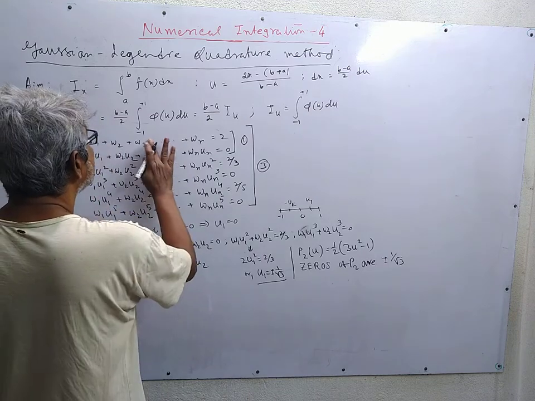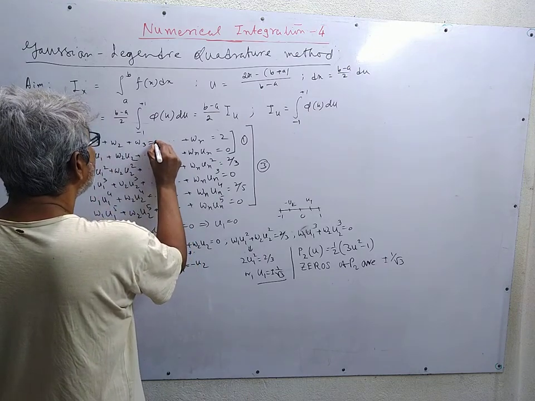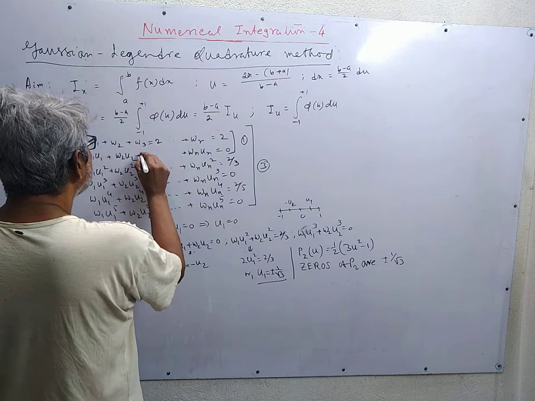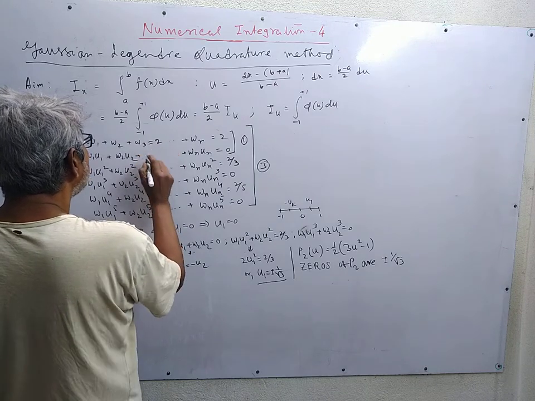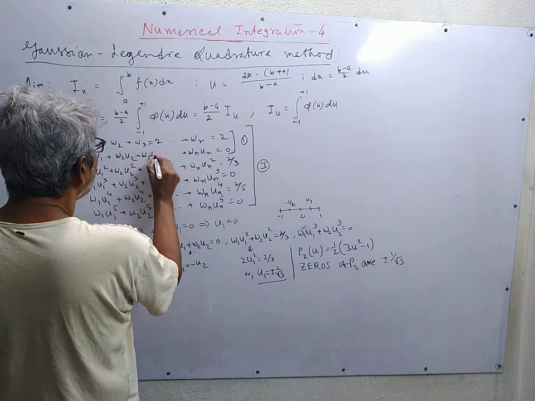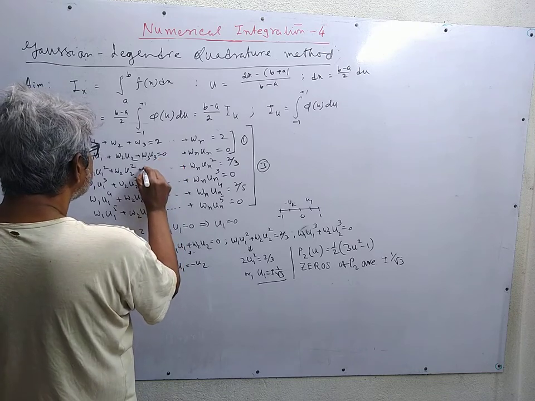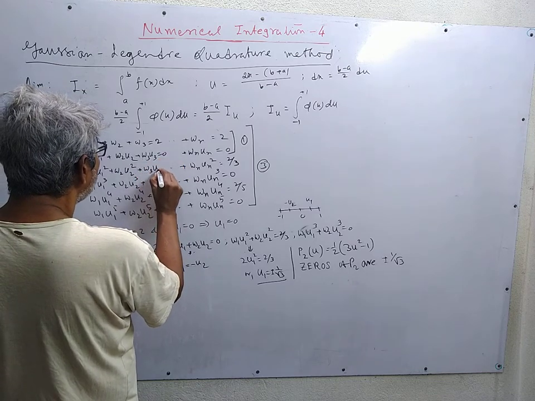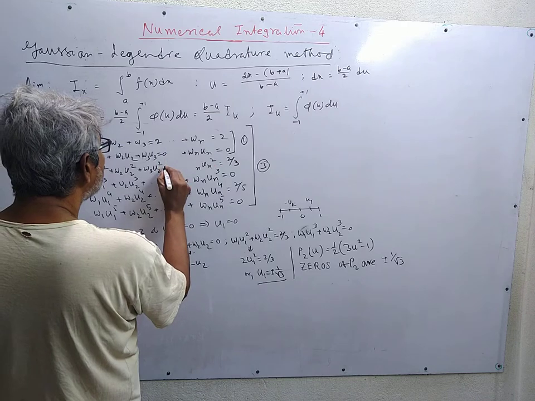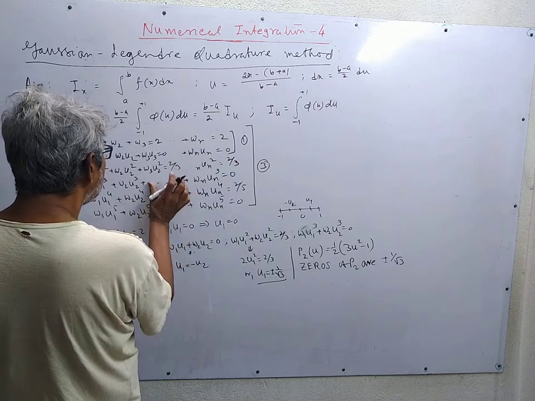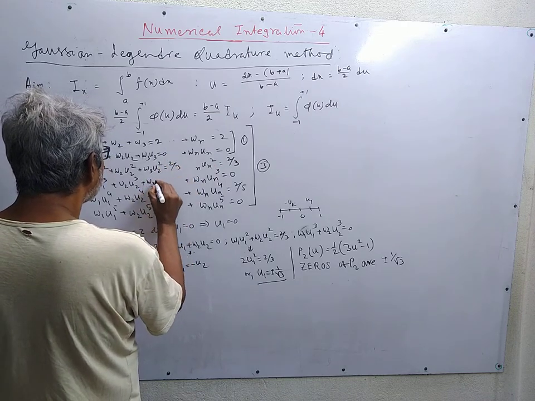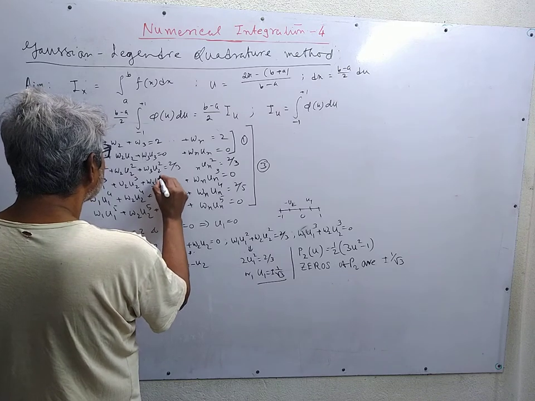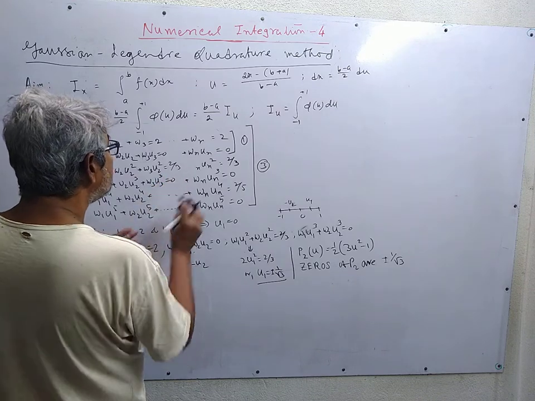So this is equal to 2, this W3 U3 is equal to 0, this W3 u3 square is equal to 2 upon 3, W3 u3 cube is equal to 0.